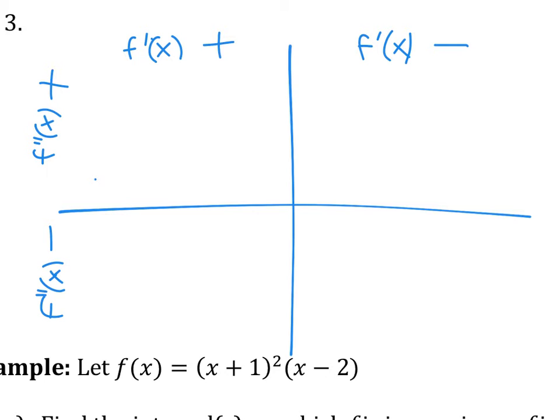Okay, let's look at first derivative because we did that yesterday. If first derivative is positive, what does that tell us about the graph? Increasing, right? So that tells us we're increasing. If the first derivative is negative, what does that tell us about the graph? Decreasing.